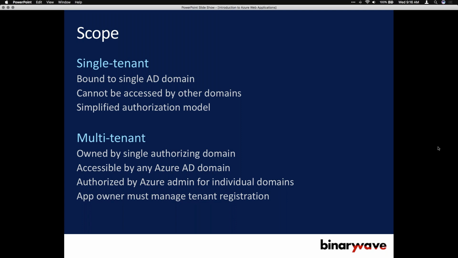That app is bound to that Active Directory domain that it was developed under and can't be accessed by anything else. That makes the authorization model actually very simple because it is in a singular domain. Everything is controlled with the application inside of that domain. You don't have to worry about exposing it elsewhere and naming conventions and whatnot. And those are pretty easy to do.